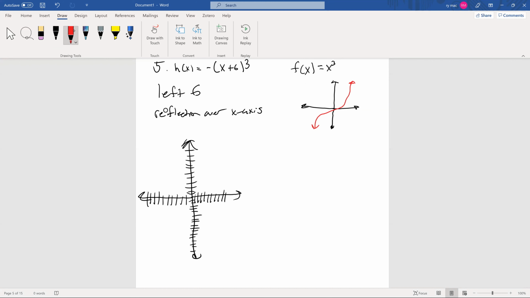So all I have to do is go left 6 from 0, 0. So 1, 2, 3, 4, 5, 6. And this one, you might not know where to put your next 2 points. So I definitely recommend going 2 to the left and 2 to the right. So we're going to do f of -9, f of -8, f of negative, oh, not -9, -8. -7 and -8, -5, and -4.